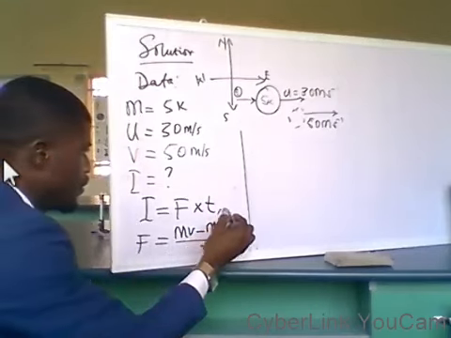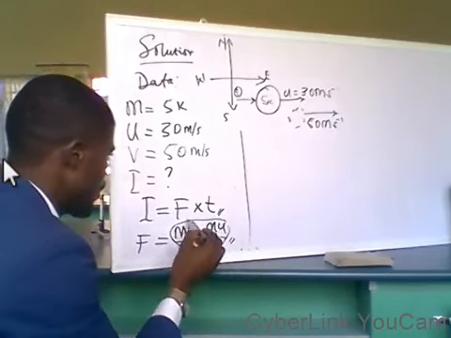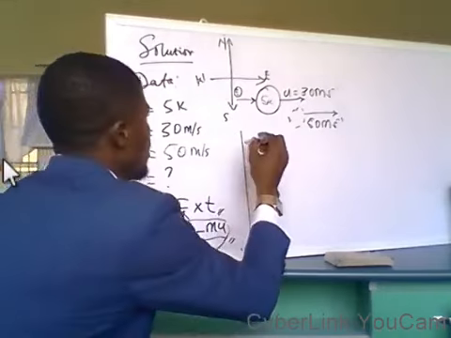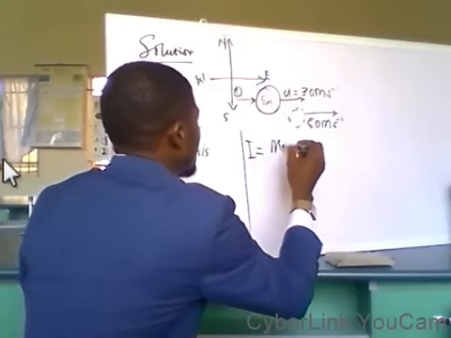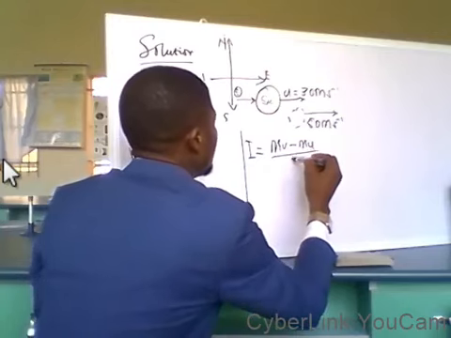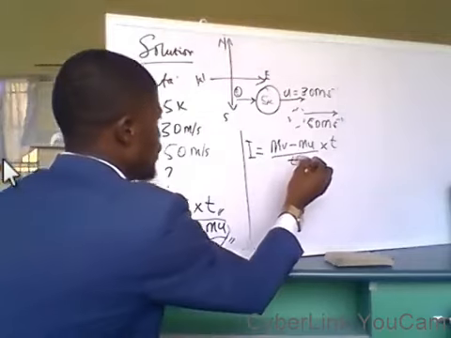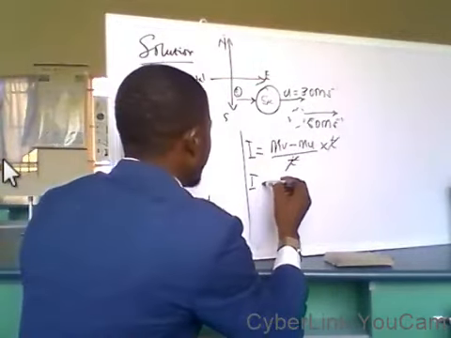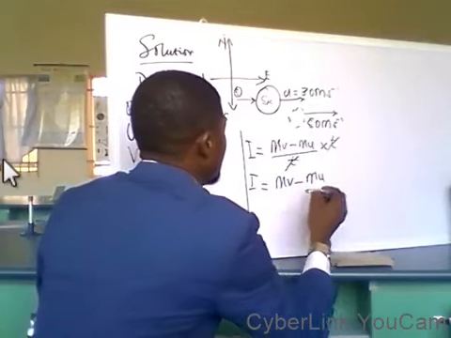Impulse is this, and force is this. So if you substitute this into this place, we have our impulse is equal to mv minus mu all over t times t. So t will cancel t. Do you get that? And so we have our impulse is equal to mv minus mu.